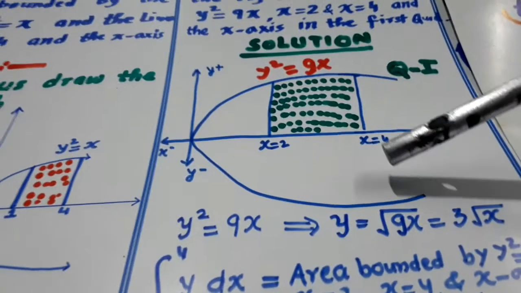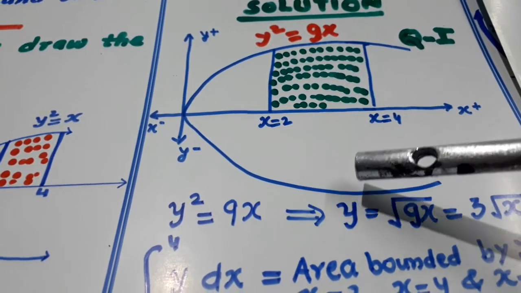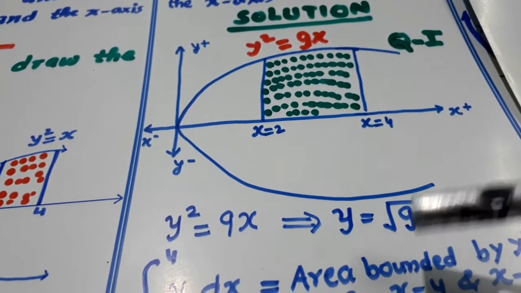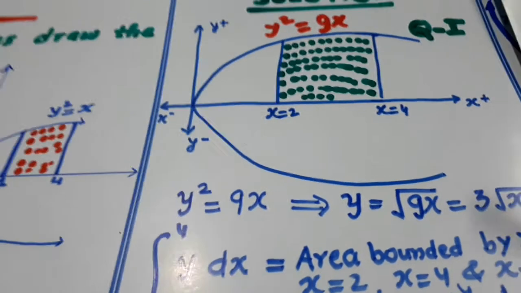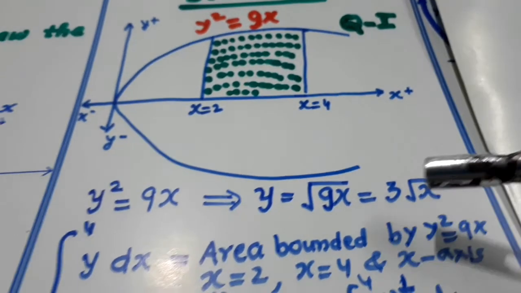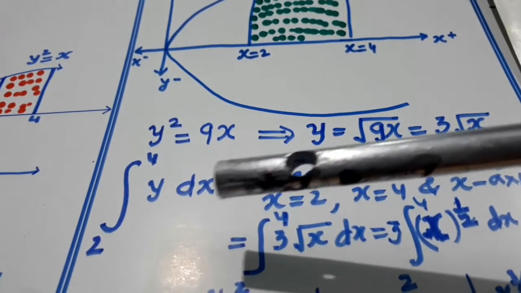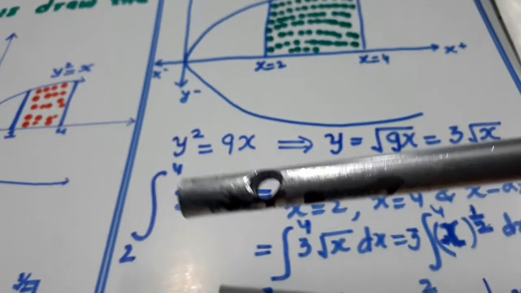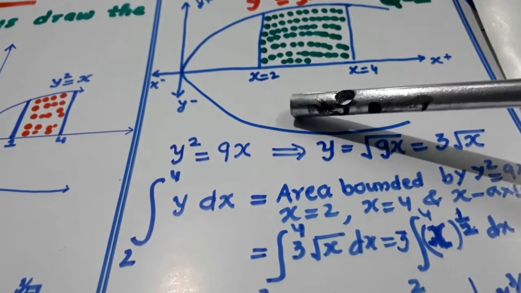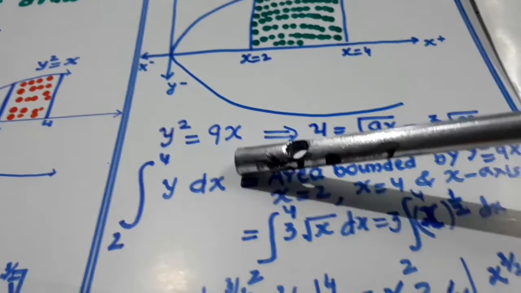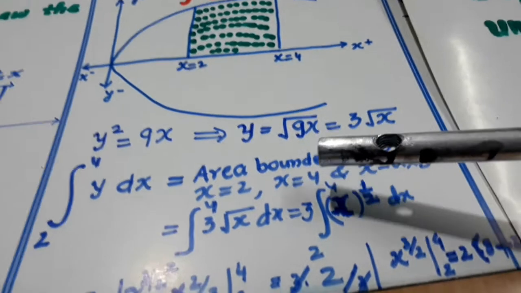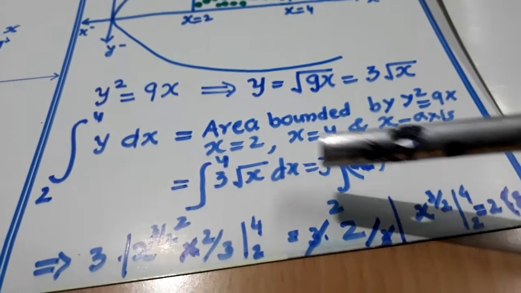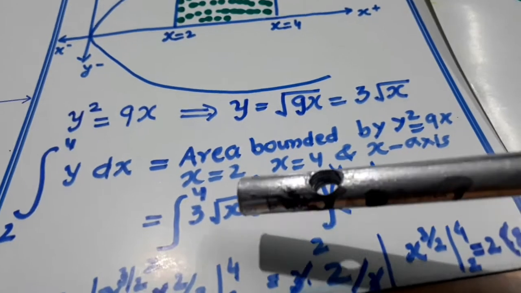Now y square is equal to 9x, so y is equal to root 9x. y will be equal to 3 root x. So the area bounded by this curve is from 2 to 4 y dx, and the limits are already there with us. It is just similar to that.